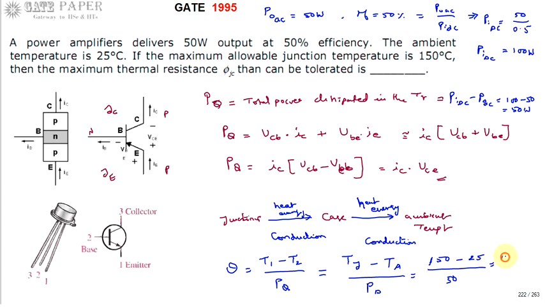So 125 divided by 50 is 2.5 degrees centigrade per watt. So this is the answer: the thermal resistance is 2.5 degrees centigrade per watt. Thank you.